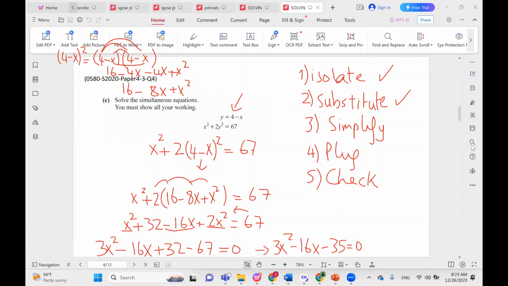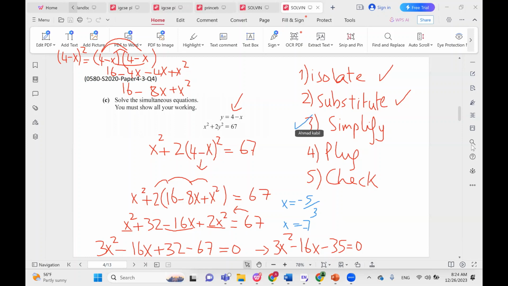So let's write these down. X equals negative 5 over 3 and X equals 7. And we're done with simplifying.